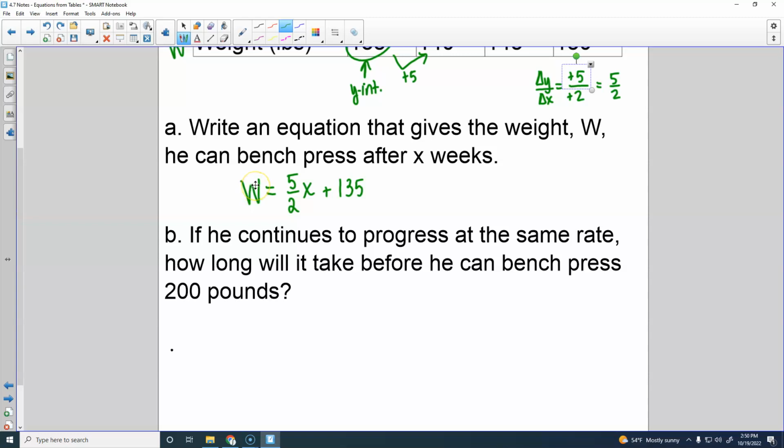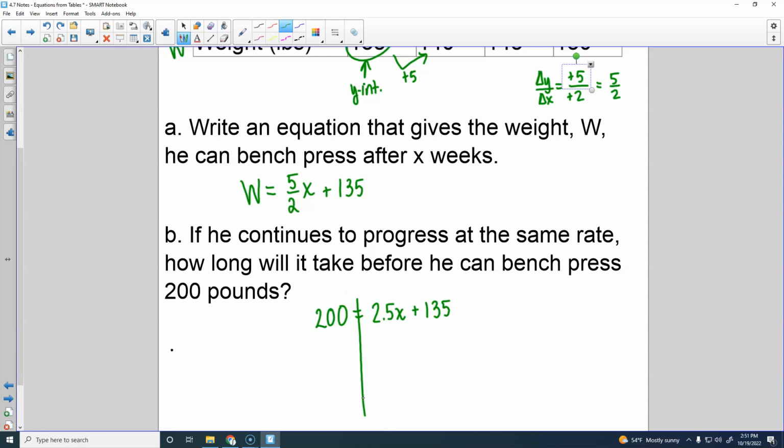So this is different than the last problem we did. We would do 200 equals, I really feel like I'd rather have a decimal there. You guys okay if I make that 2.5? Let's do that. You can do it with a fraction also, but let's do decimal. So I need to solve this equation for the x.